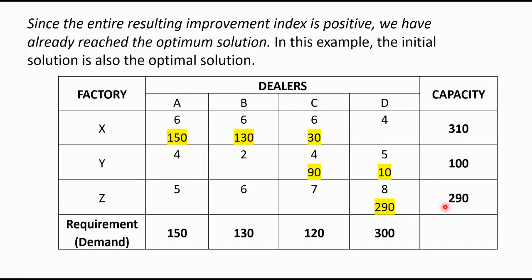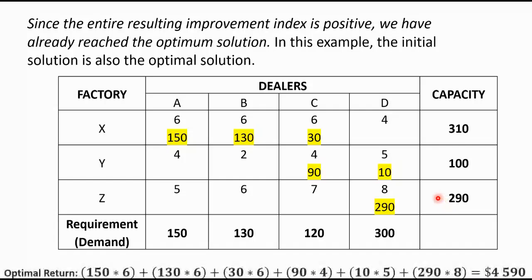So all we have to do to determine the maximum profit for this particular problem is multiply 6 times 150 plus 6 times 130 plus 6 times 30 plus 4 times 90 plus 5 times 10, and then plus 8 times 290, and that is equal to $4,590.